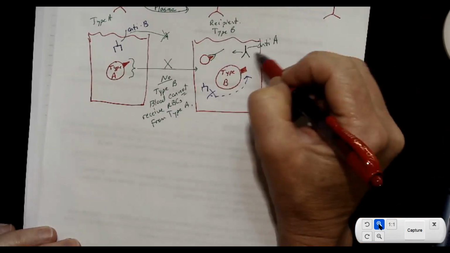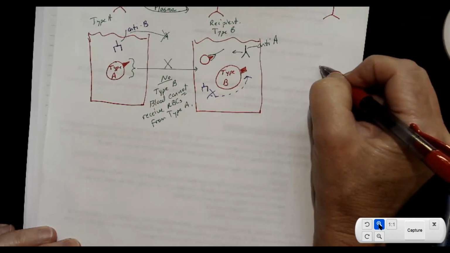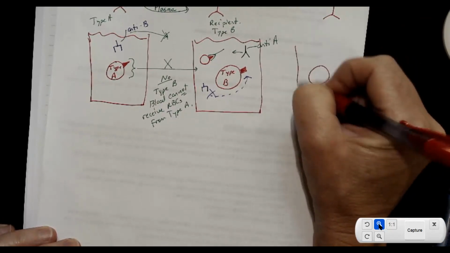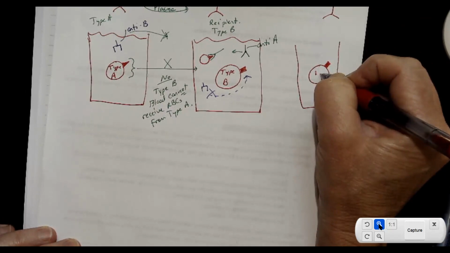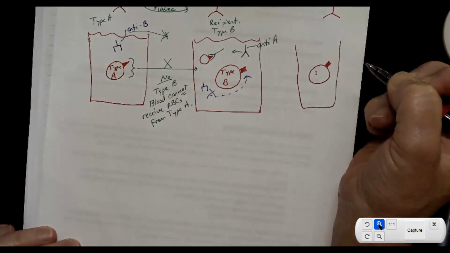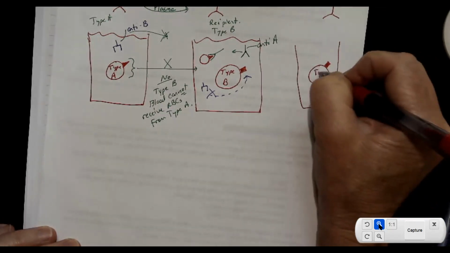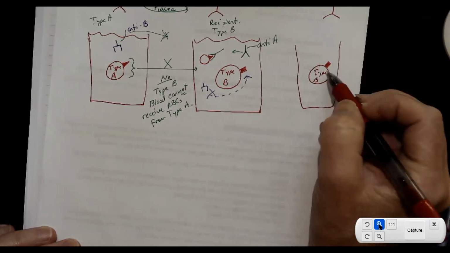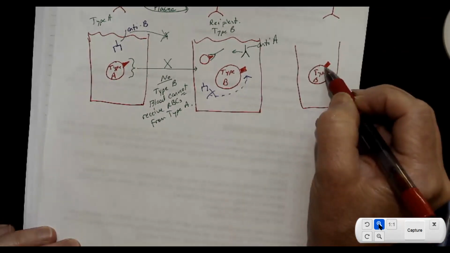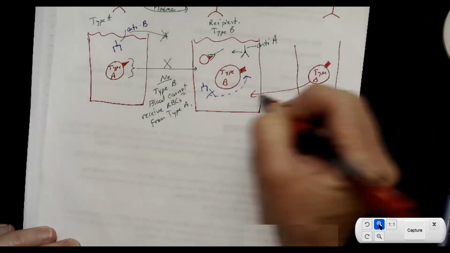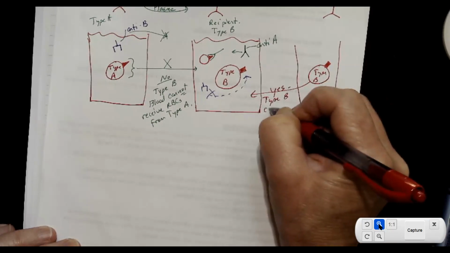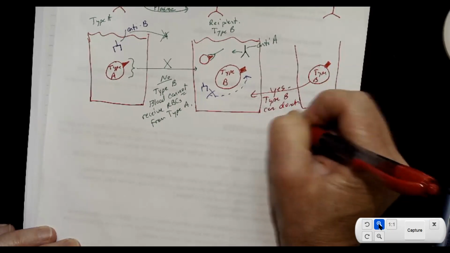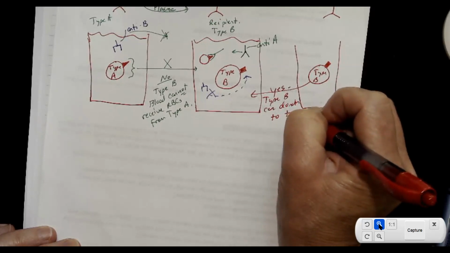Remember, this person has antibody A. So if you have a red blood cell, okay, and it has a block antigen, so this is type B, this blood looks just like this blood, so these red blood cells, yes, type B can donate to type B.